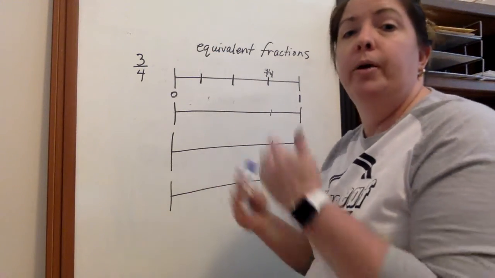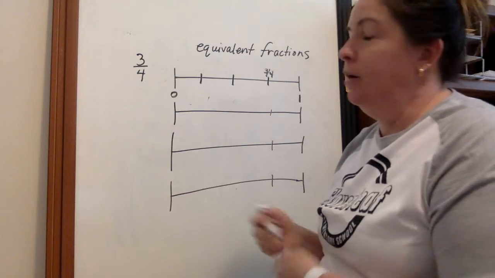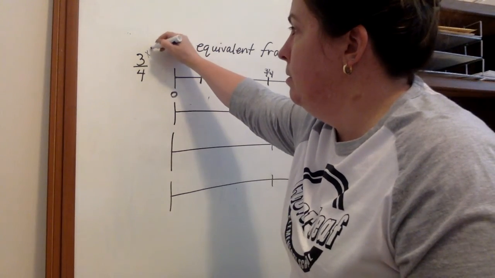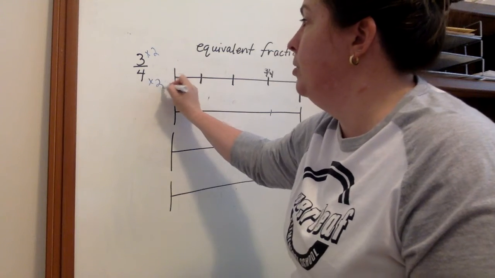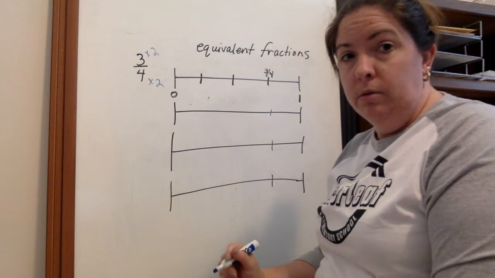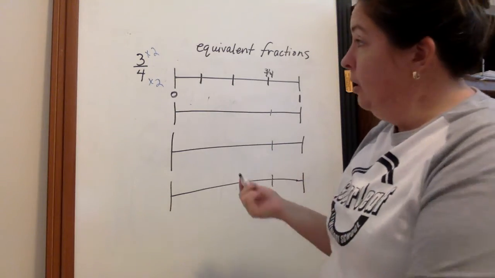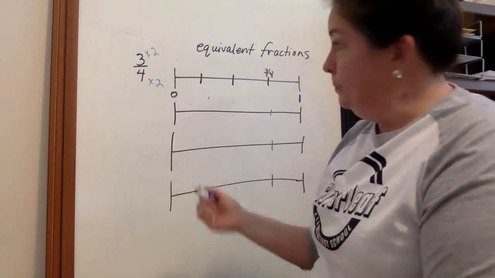What happens for the numerator needs to happen for the denominator. So something simple is thinking, well, if I multiply by 2, and I do it on the numerator and the denominator, what am I going to get?